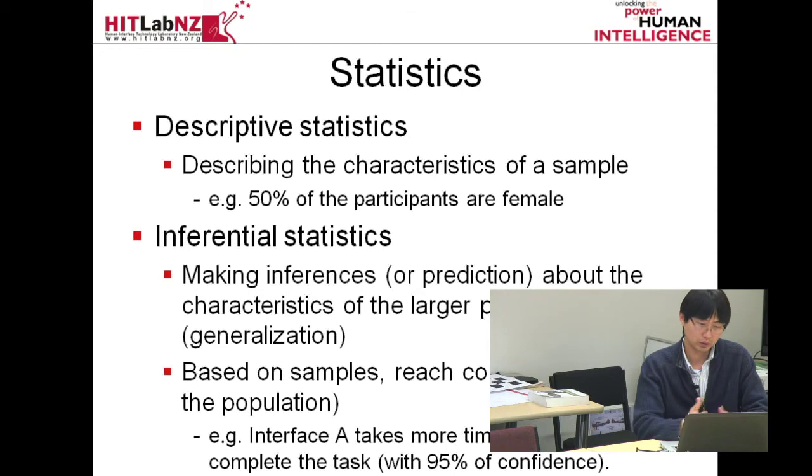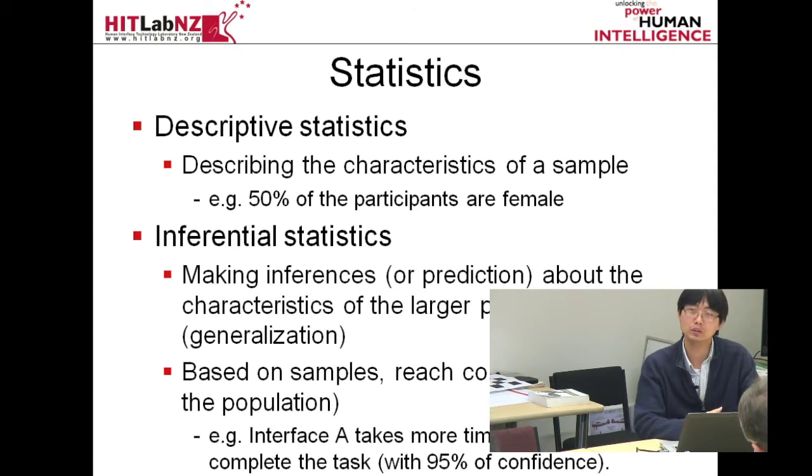Inferential statistics, which we are going to cover today, is for making inferences. So that's why it's called inferential statistics. It's basically making a prediction about the larger population, which is the whole set of users that's going to use your interface. But we cannot test the interface against the whole population.